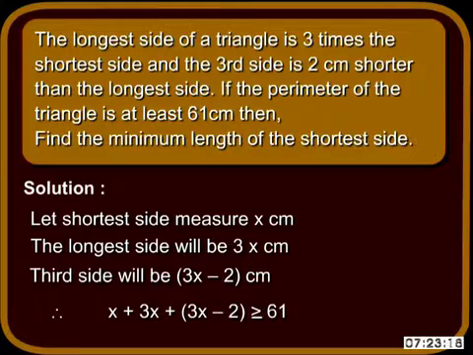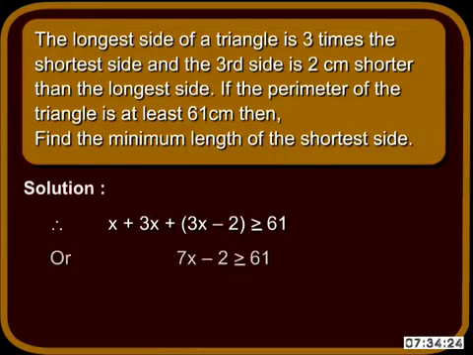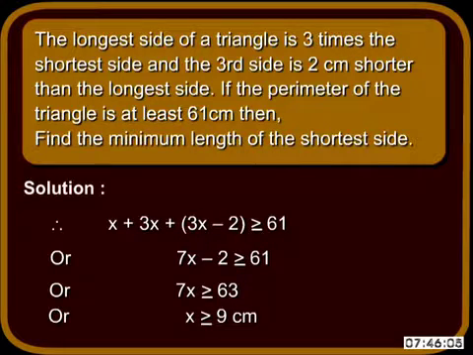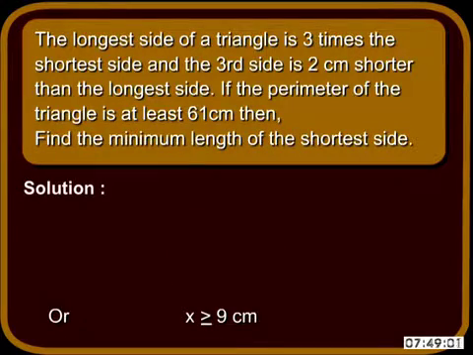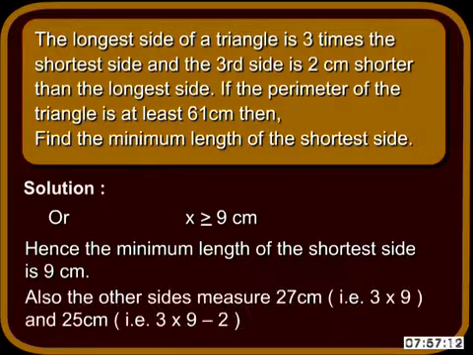Then according to the given problem, x + 3x + 3x − 2 ≥ 61, or 7x − 2 ≥ 61, or 7x ≥ 63, or x ≥ 9 centimeter. Hence, the minimum length of the shortest side is 9 centimeter. Also, the other sides measure 27 centimeter and 25 centimeter.